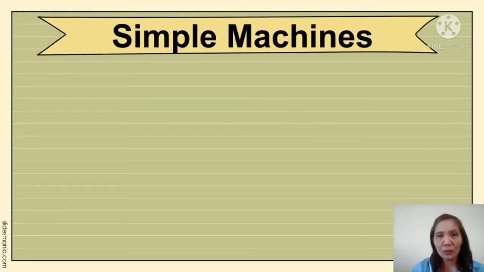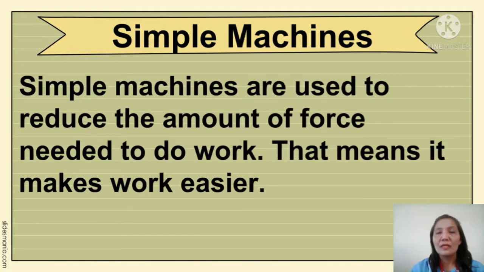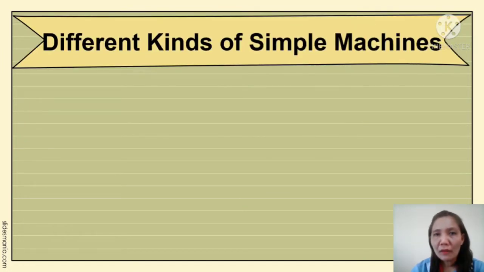According to the video, what are simple machines? Simple machines are used to reduce the amount of force needed to do work. That means it makes work easier. What are the different kinds of simple machines mentioned in the video?